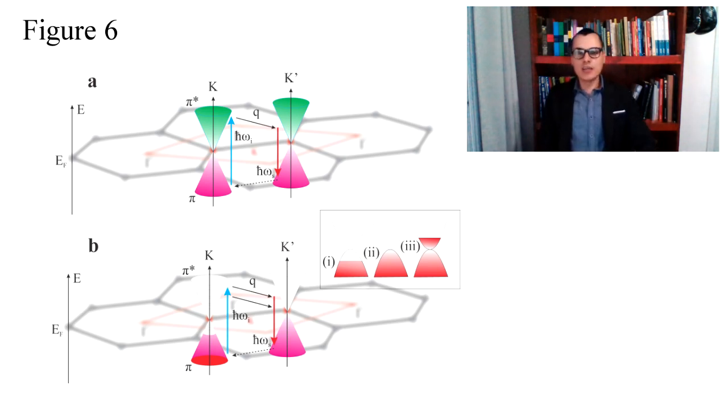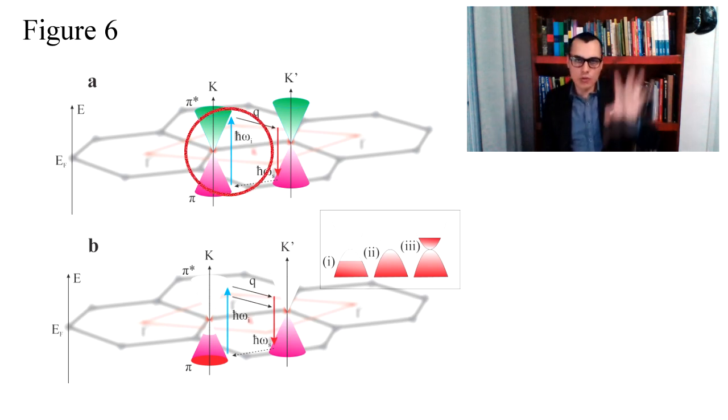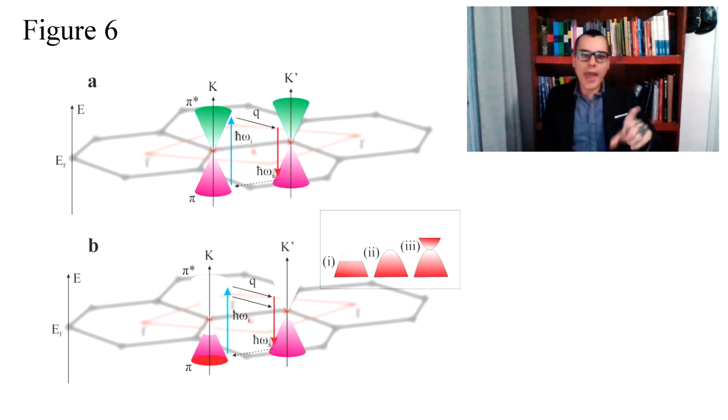As can be seen in this slide, figure 6a, a graphene layer absorbs the incident photon, the blue arrow, with energy represented in the figure, and creates an electron-hole pair. The electron, in turn, leaves the valence band going to the conduction band and creates a phonon with energy shown in the figure, the solid arrow.